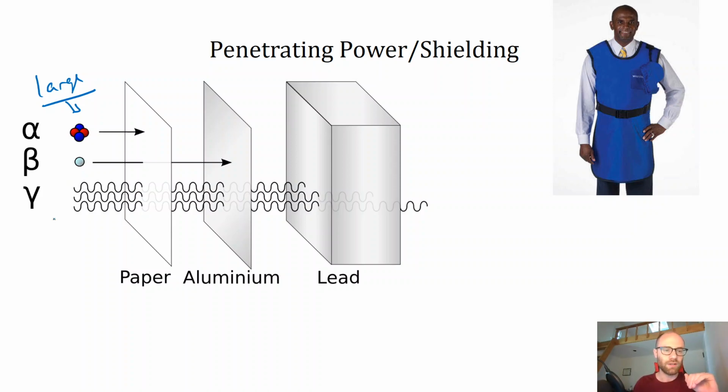Beta particles are smaller, and there's this kind of relationship where the lighter it is, the faster it moves. There's a kinetic energy component to it. So it gets through paper, but you can block it with a sheet of aluminum.